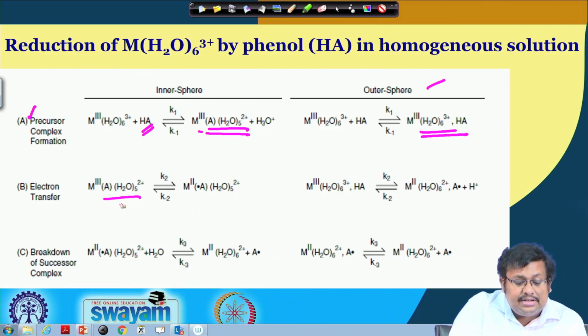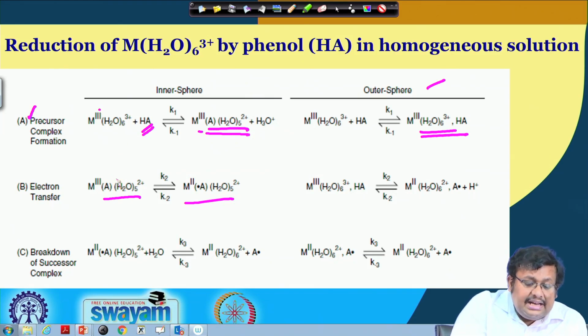Electron transfer is going on between the metal and the group A of phenol. When the electron transfer happens, we can see that it is reduced to Mn2+.